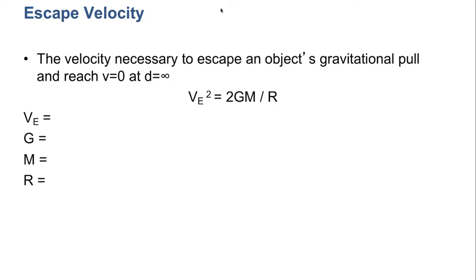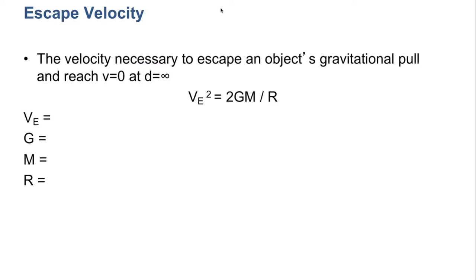And in fact, there's a specific velocity at which the object will achieve velocity zero, meaning it will turn around, but only at distance equals infinity. If an object has a little bit less velocity than that, it will achieve that velocity zero at not infinity, and then will come back and eventually fall back down to the Earth.